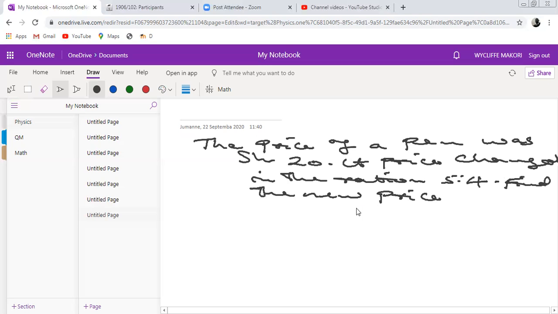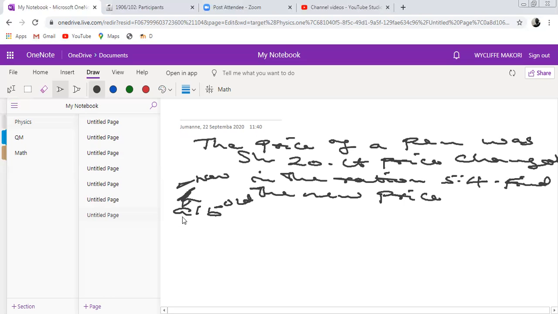One thing you should understand is this. Anytime you are given the ratio in the form A is to B, A denotes the new value and B denotes the old. That is the first value that appears.